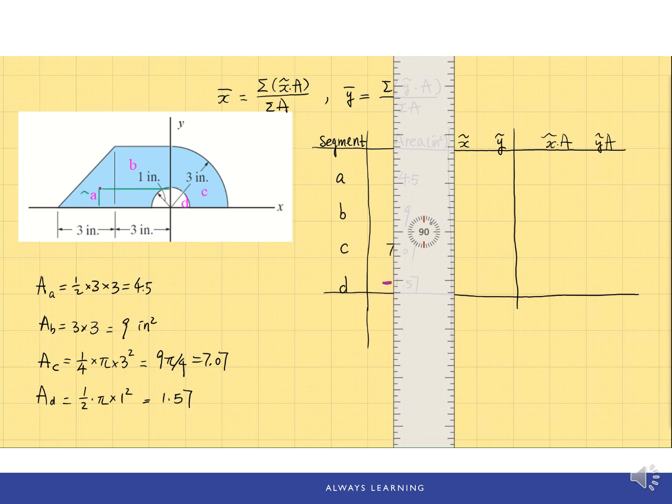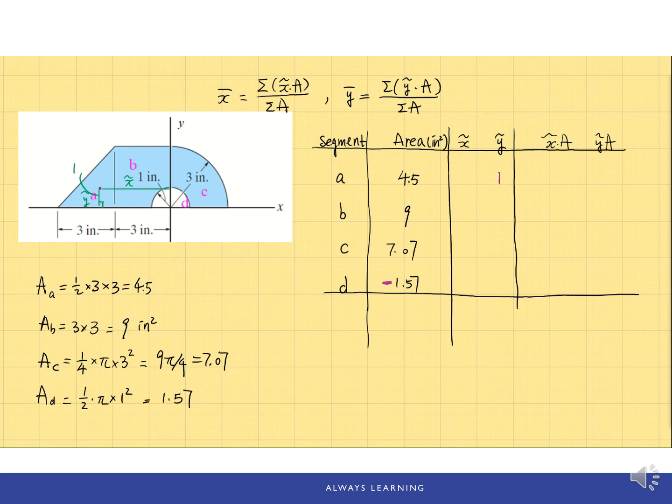So this is the y tilde, and that is the x tilde. And again, this point is located 1/3 from each side. So the vertical distance from the x-axis will be 1/3 of the overall height, which is 3. So this one is 1. Therefore, y tilde equals 1.